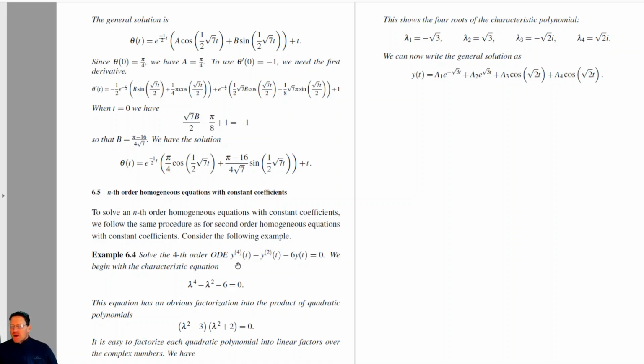So we begin with the characteristic equation. Now it's a fourth power characteristic equation. Lambda to the fourth minus lambda squared minus 6 is equal to 0. So this one is easy to factorize over quadratics. So we can factorize that as lambda squared minus 3 times lambda squared plus 2 equals 0. And then the left-hand factor is easy enough to factorize again in terms of linear polynomials.